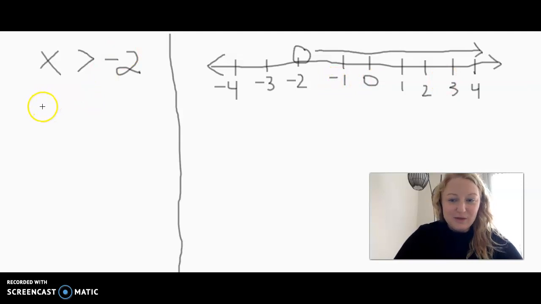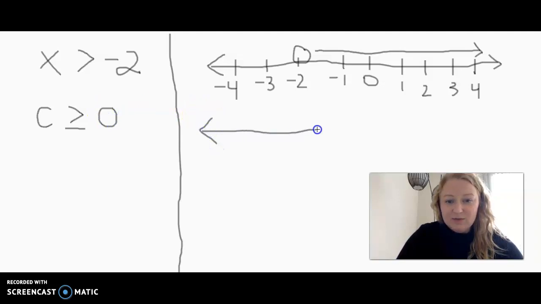Let's try another one. What if our inequality was c is greater than or equal to 0? As I'm drawing my number line, I want you to be thinking about all of the possibilities that c could be. c is greater than or equal to 0.